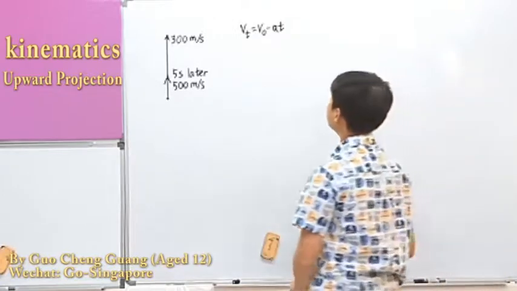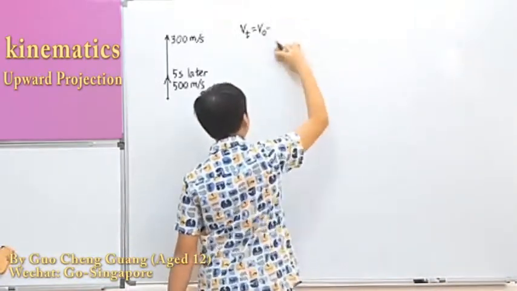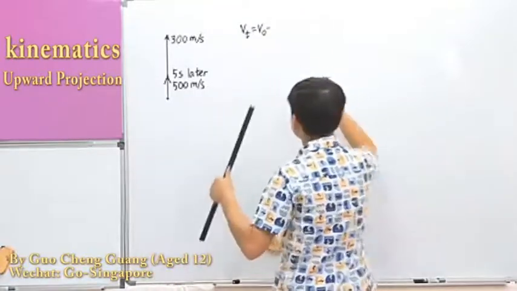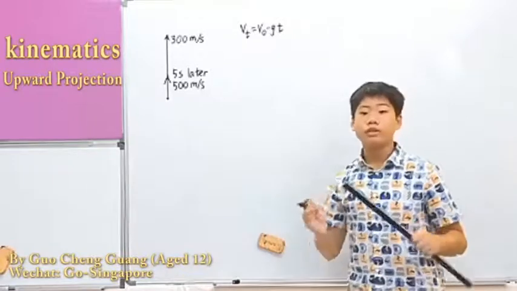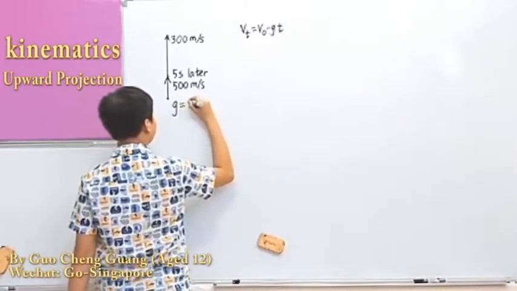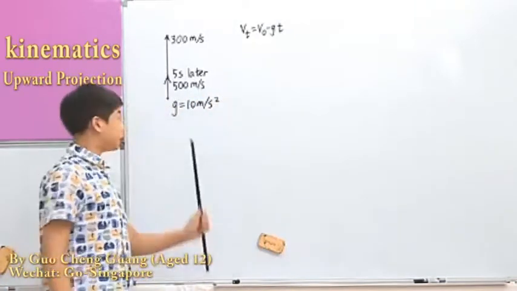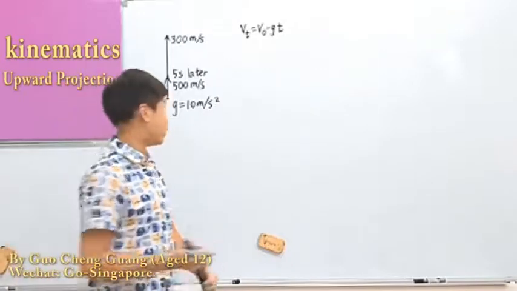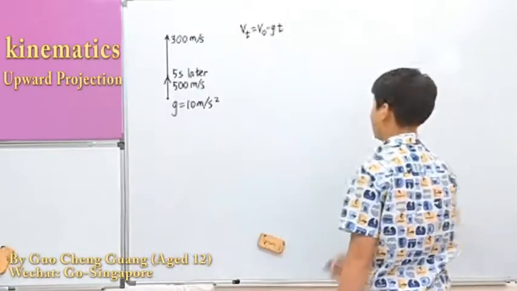This A is acceleration, which in this case we're just going to use g, and for g we're just going to use 10. But wait, what's the unit? 10 meters per second squared. So we use this for the acceleration here. That's the first formula.